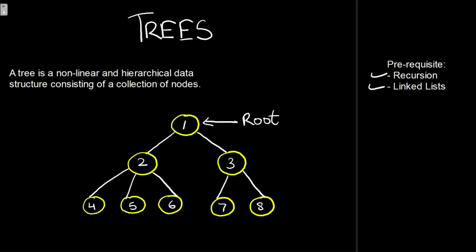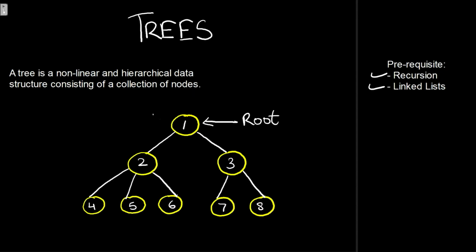A tree is a non-linear and hierarchical data structure consisting of a collection of nodes. There are two types of data structures, linear and non-linear. Linear consists of arrays, stacks, queues and linked lists, while non-linear consists of data structures like graphs and trees.